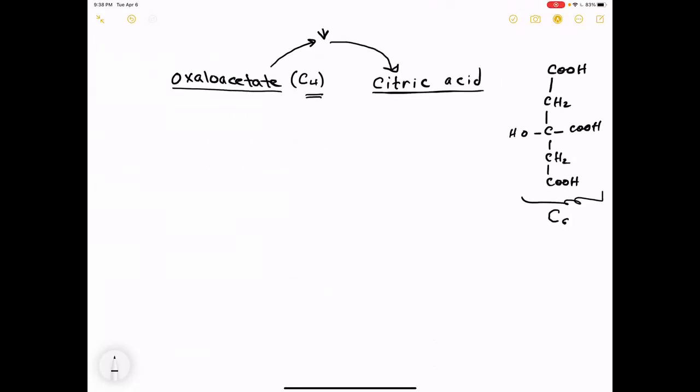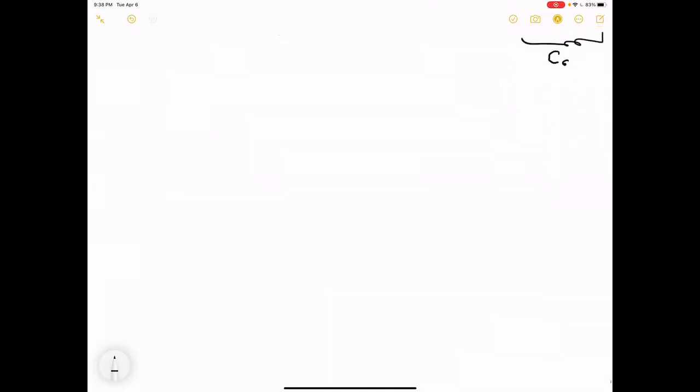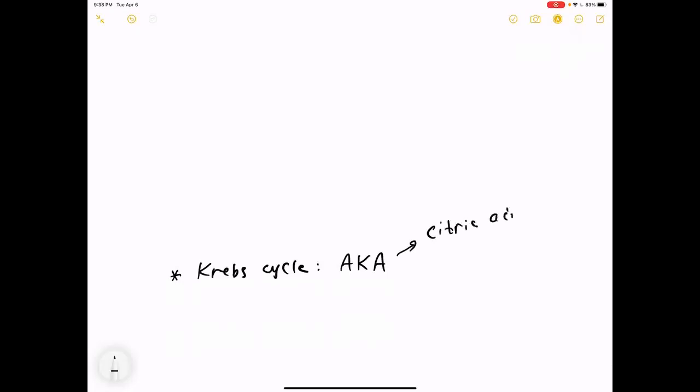I need the space for the cycle, but let me write this down right there. So Krebs cycle, here also known as citric acid cycle.